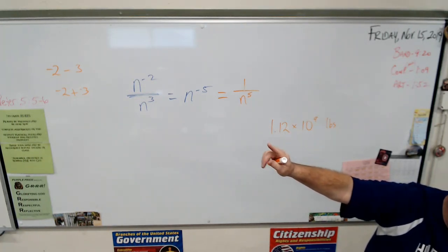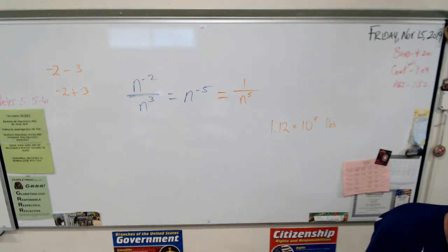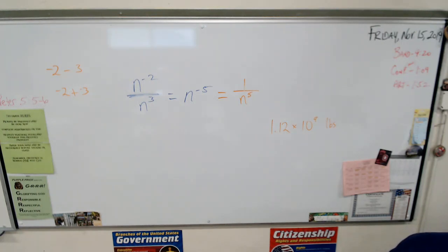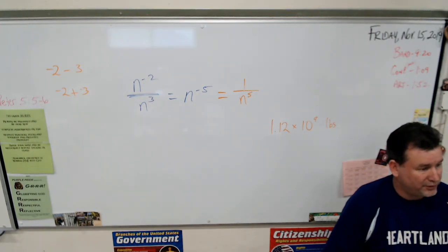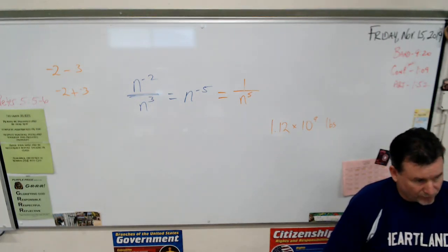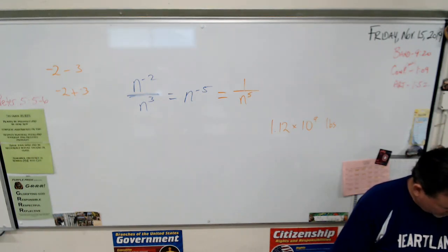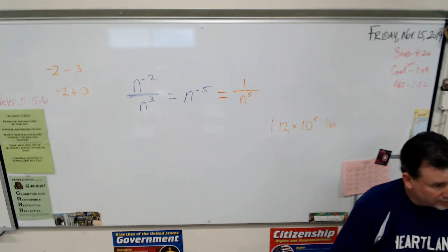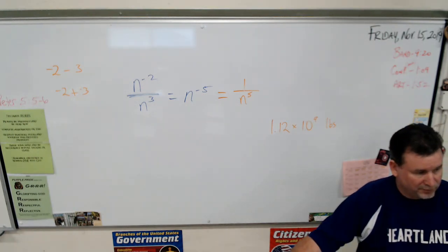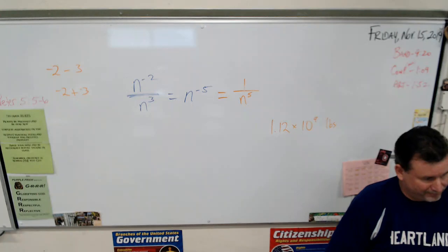What's the difference between the greatest common factor and the least common multiple? David. Greatest common factor is the largest number that divides the most numbers, and the least common multiple is the smallest number that both go into.